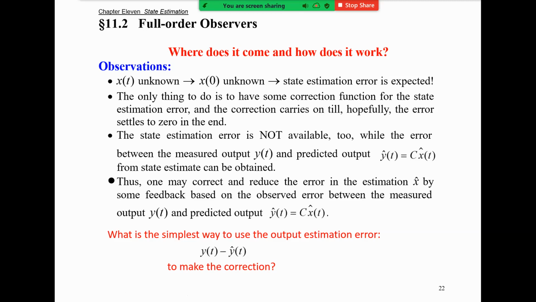Proportional control, right? So the simplest way to use this error is to make the correction proportional to the estimation error. So always try the simplest way to make it work. We want to add this correction to the model and see whether that can help us.